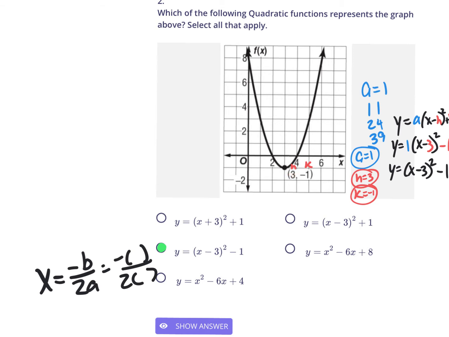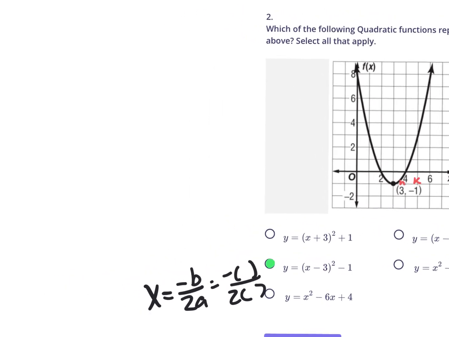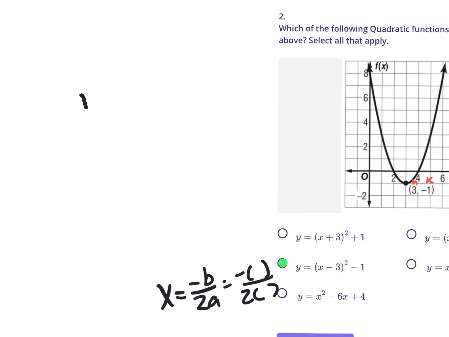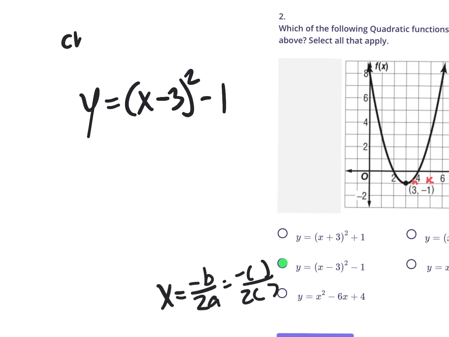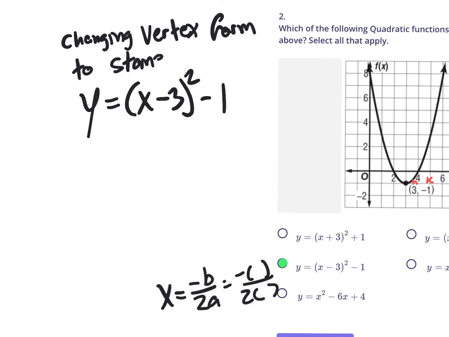Or another way of doing it, since you already know that equation, I'm going to rewrite it: y equals, parenthesis, x minus 3 squared minus 1. And this is technically changing vertex form to standard form.